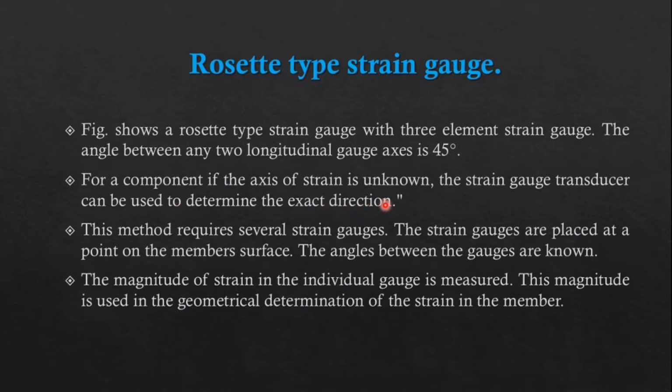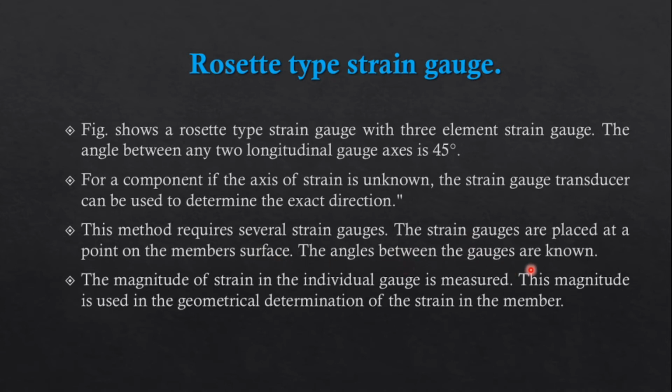Because we have 3 different elements, we can exactly define the direction of the force that is going to be applied, and this method requires several strain gauges. The strain gauges are placed at a point on a member's surface on which we are going to measure our force. We need to place our strain gauge on that member surface, right?